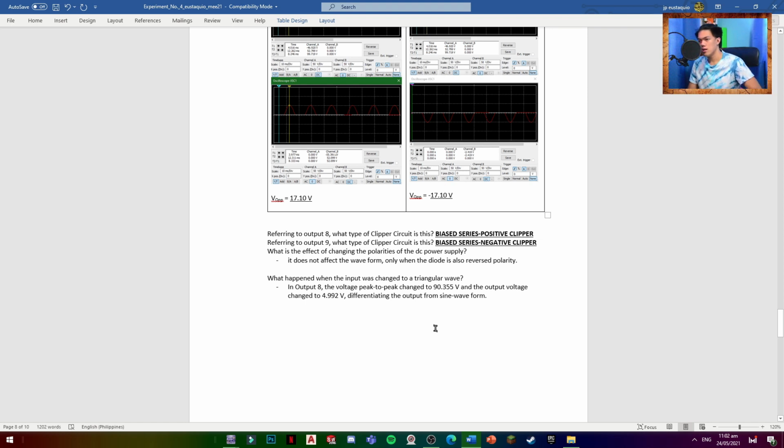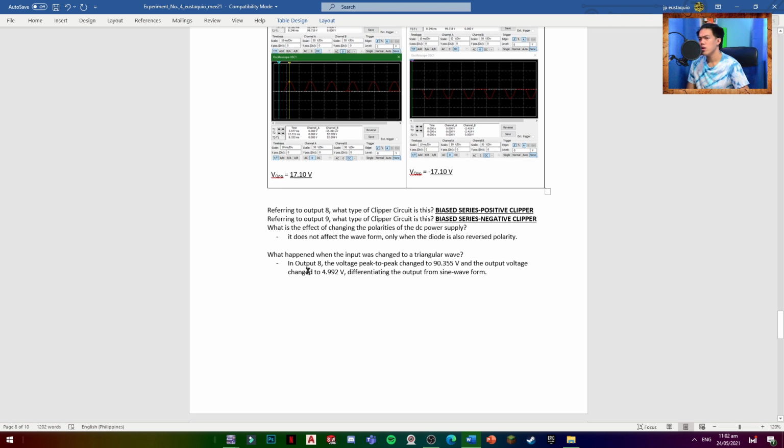So output 8 is a biased series positive clipper, and output 9 is a biased series negative clipper, based upon my observation. What are the effects of changing the polarities of the DC power supply? It does not affect the waveform, except when the diode is also reversed in polarity. That is when it has an effect.